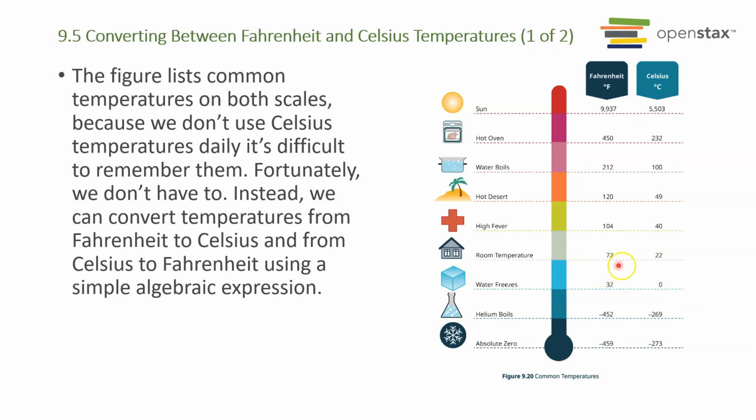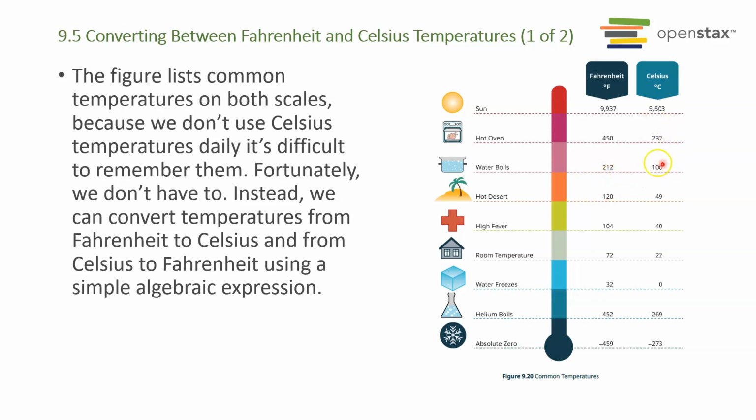Just kind of interesting, we consider room temperature in the Fahrenheit system to be 72. That corresponds to 22 in Celsius. A fever of 104 is 40 degrees Celsius. Going up to an oven, 450 is 232 degrees Celsius.